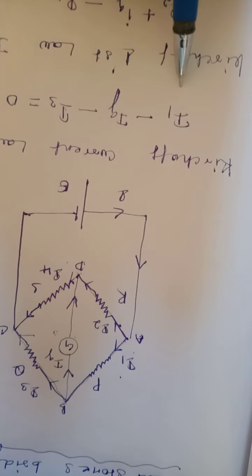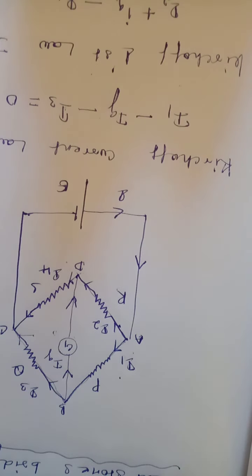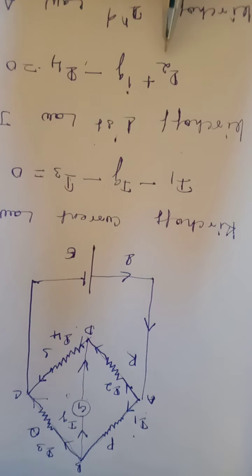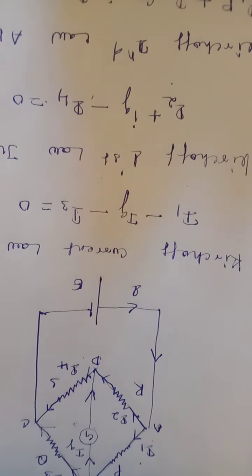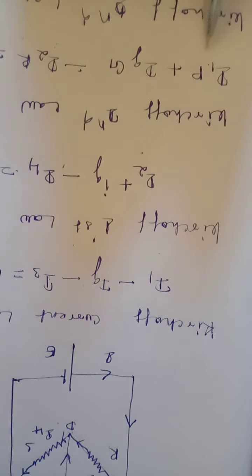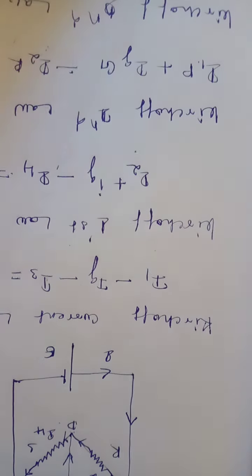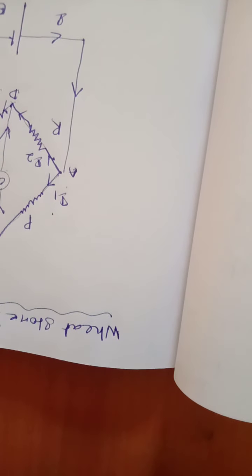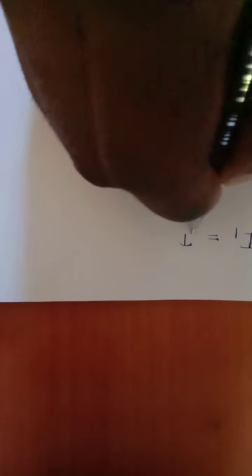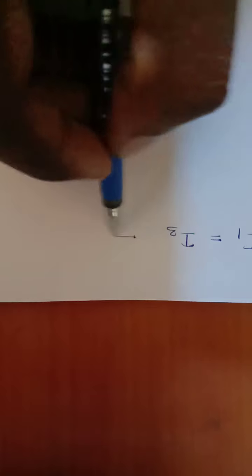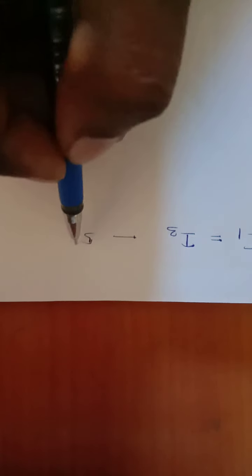From equation 1, I1 is equal to I3. From equation 2, I2 is equal to I4. From equation 3, with Ig equal to 0, I1P minus I2R is equal to 0. So the first equation gives I1 is equal to I3, equation 5.